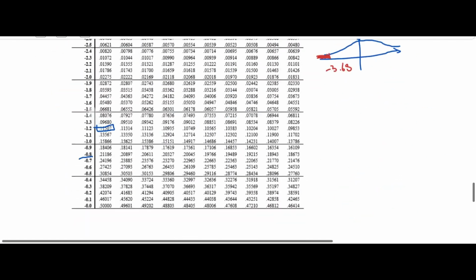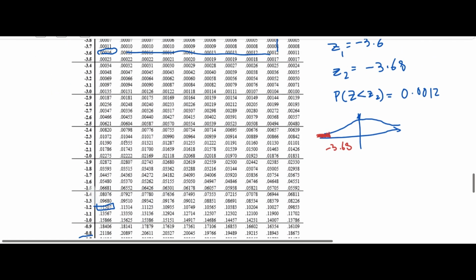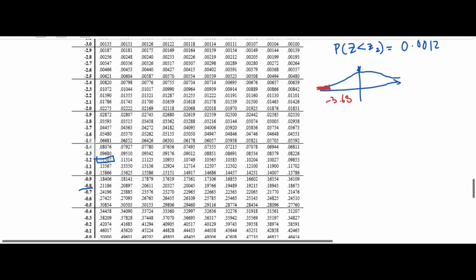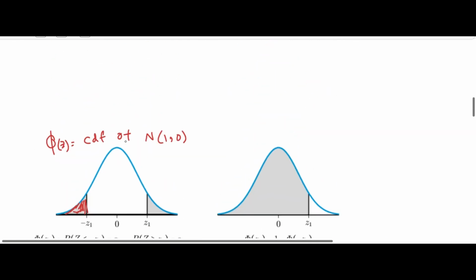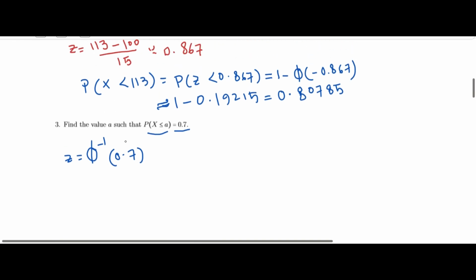So let's go back in here. Now I have to look at all the probabilities and find the value I'm interested in. They are increasing over here, but 0.7 is not in this table. How do I fix this? The value a is larger than the mean, therefore I should look at z equal to phi inverse of 1 minus 0.7.